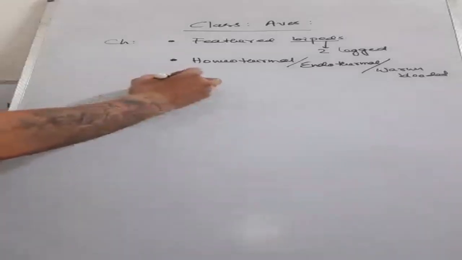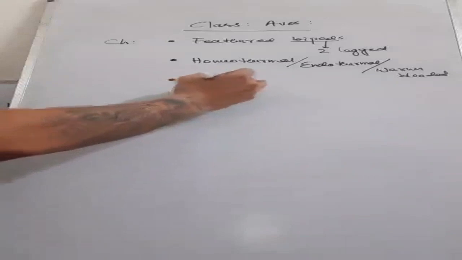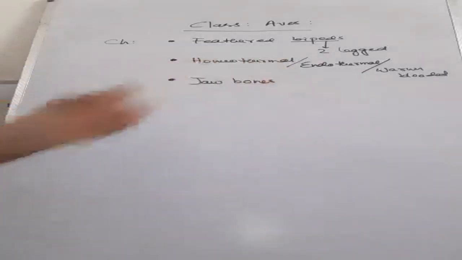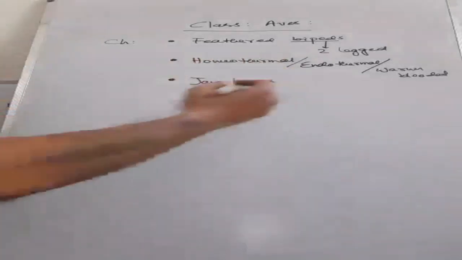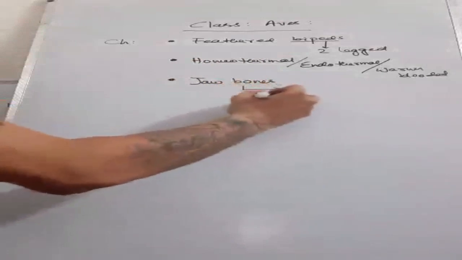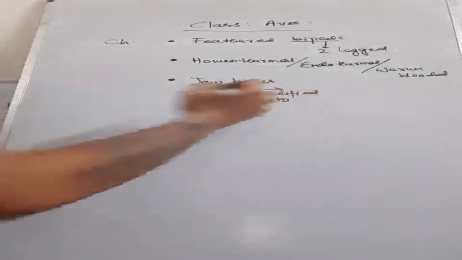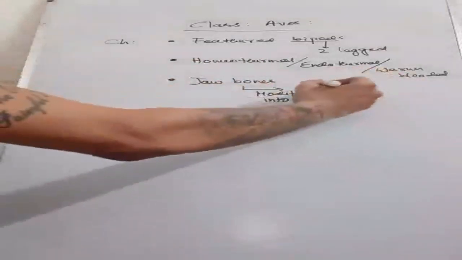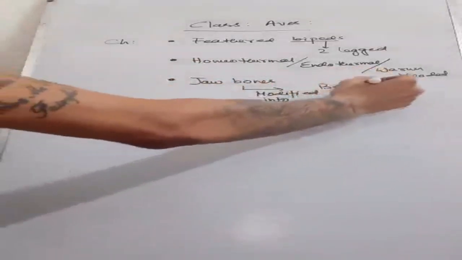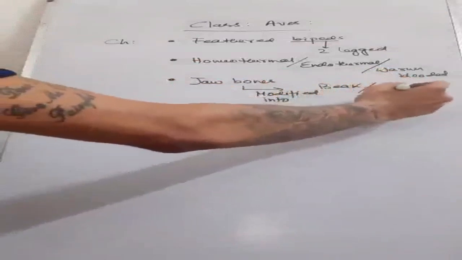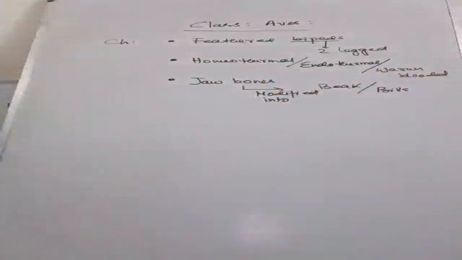They have jaws, but the jaw bones are modified into a beak or bill. Whatever you like, you can call it a beak or a bill. Next is their limbs.